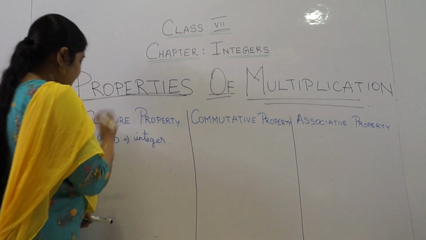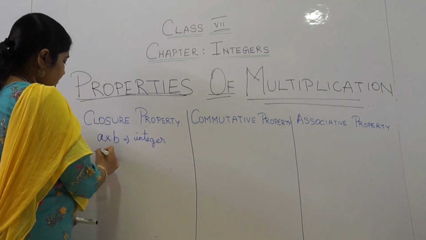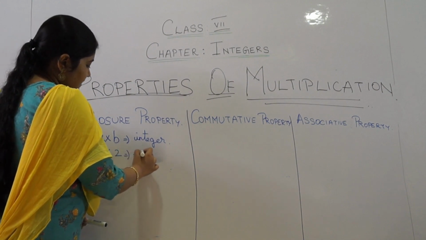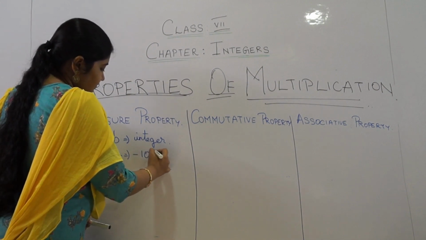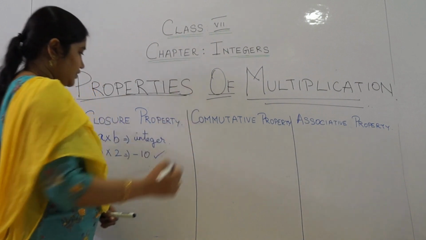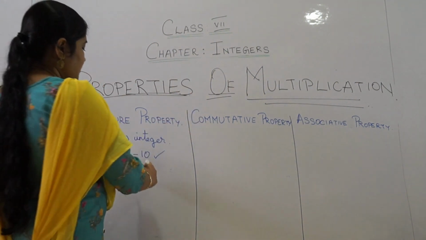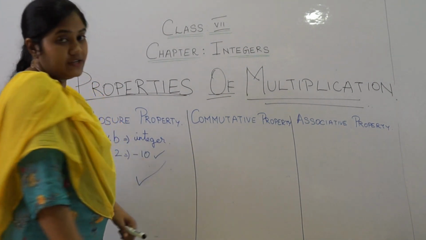Suppose I take two integers, minus 5 and 2, and multiply them, I get minus 10, which is an integer. Therefore, closure property holds good in the multiplication of integers.